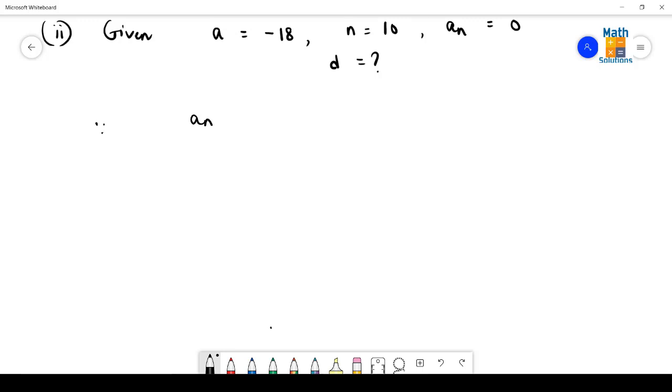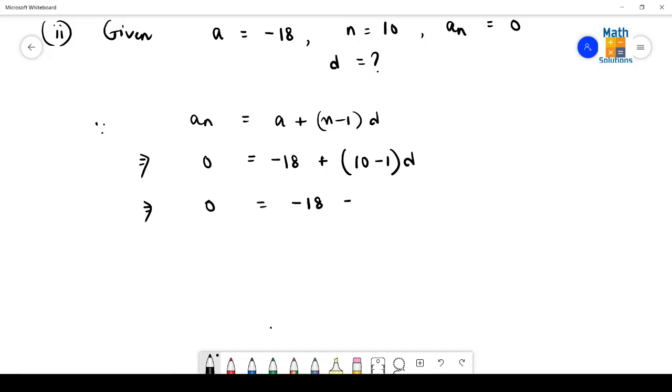Since a_n is equal to a plus (n minus 1) d, in the respective places let's put the values. In place of a_n we can put 0, that is equal to, in place of a we can put minus 18, plus in place of n we can put 10, minus 1, and d is not known to us. So what we shall do here, 0 is equal to minus 18 plus 9d. 9d will be shifted to the opposite side.